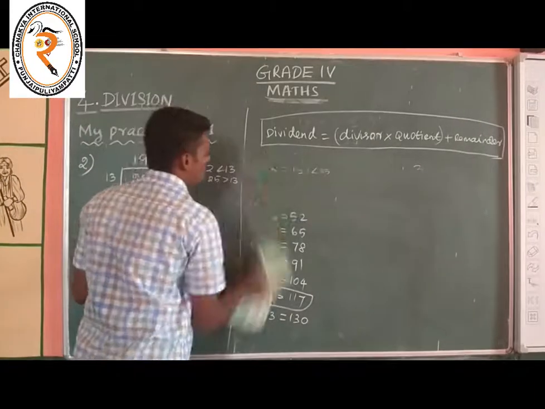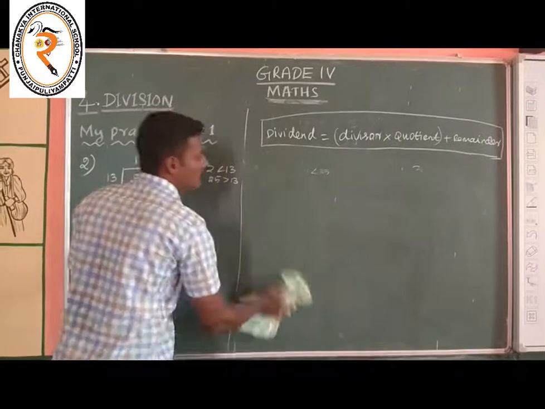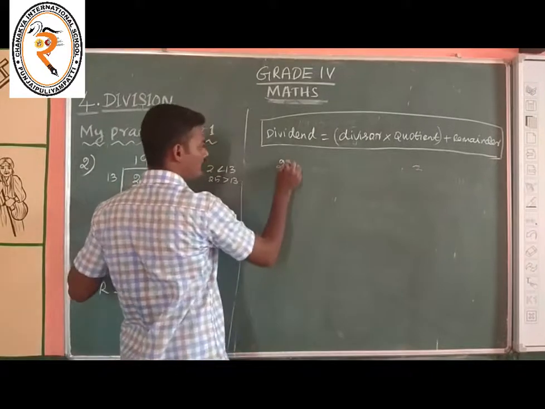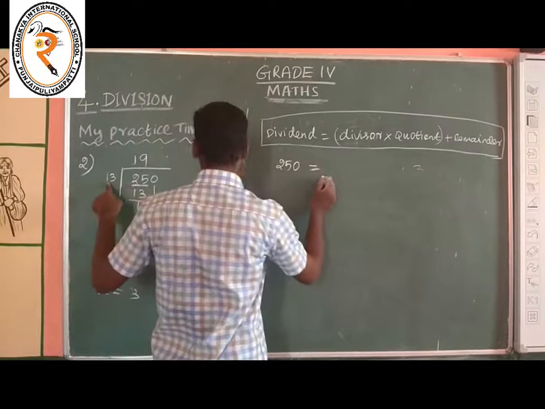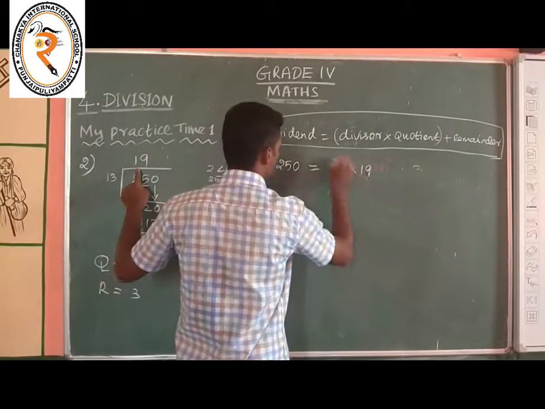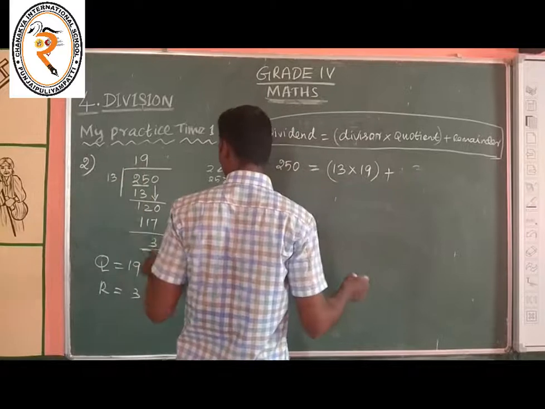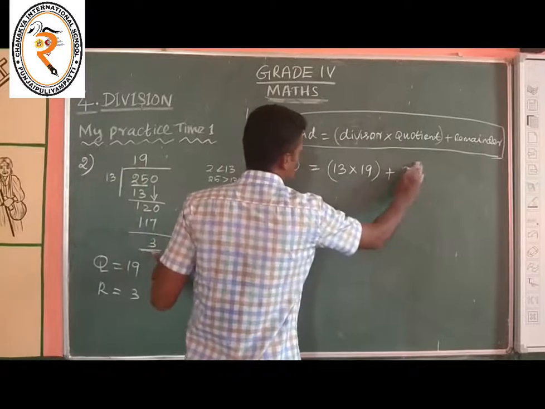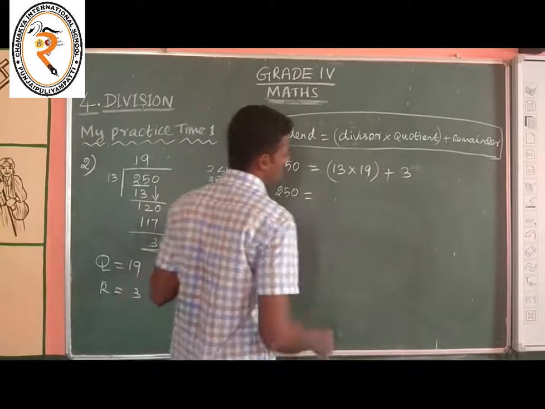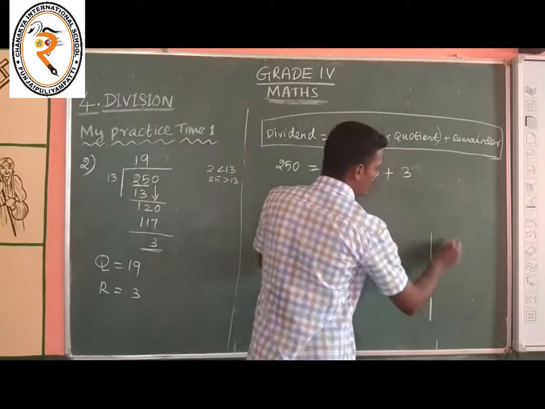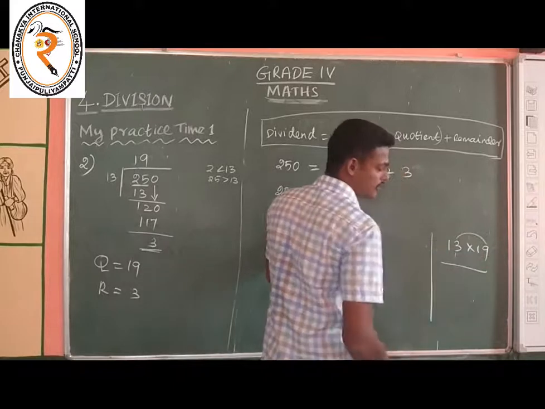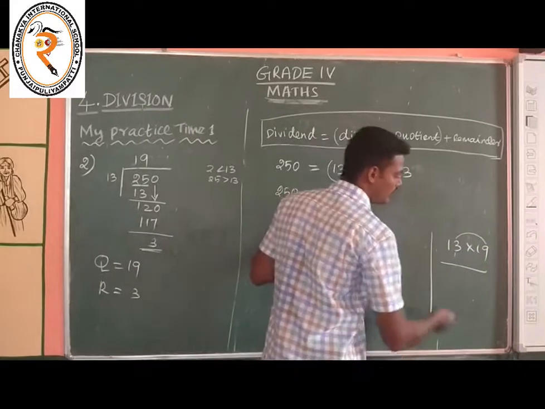Verify the answer with the formula. Dividend is equal to 250. Divisor is equal to 13. Quotient 19 plus remainder 3. 250 is equal to, first we multiply 13 into 19. 3 9s are 27.